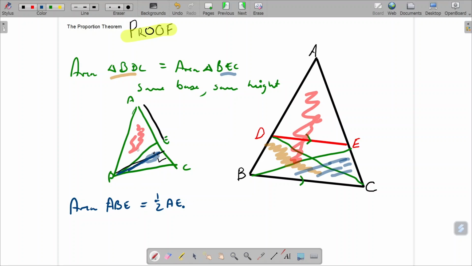So let's just call this H. As a result, we can also see that the area of triangle ACE would be a half times EC times H. And these two triangles actually have the same height, because the distance from this baseline to the top vertex, sometimes called the apex, is given by this vertical line, as you see here. It is at right angles, this vertical line here, which we have marked H.